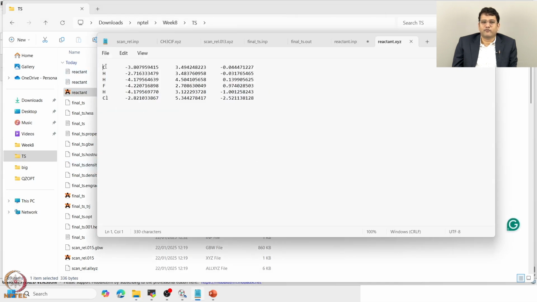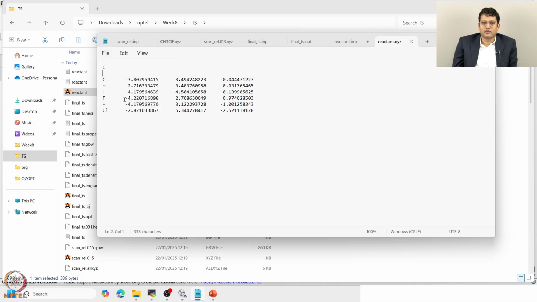Now you see the main problem. An XYZ file format by definition should contain the number of atoms at the first line, and the number of atoms here is 6. And it has to have a blank line or a comment line afterwards.